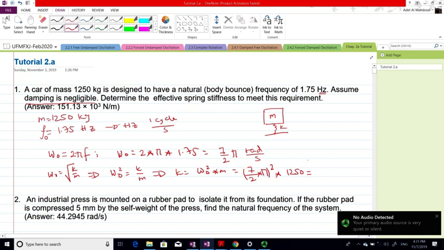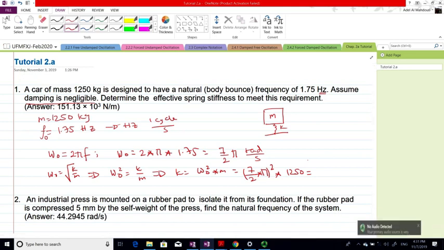Always in the tutorial you'll find the correct answer here.